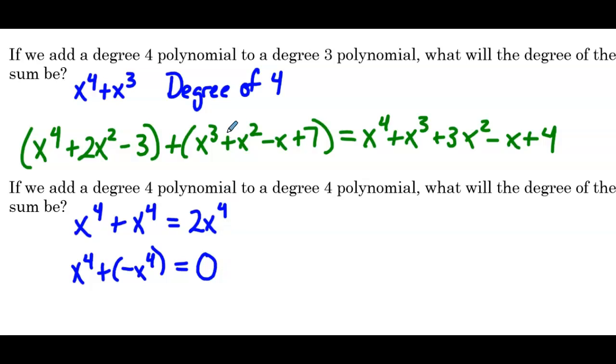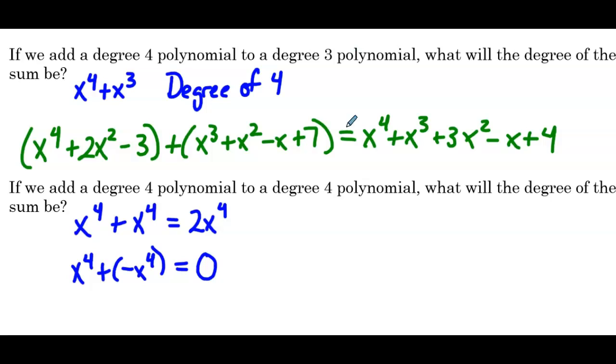Up above, we always wound up with degree 4. But now below, I looked at two pretty straightforward examples, and we got polynomials with two different degrees, degree 4 and degree 0. Well, that happened because the two degree 4 terms simplified, and they went away.